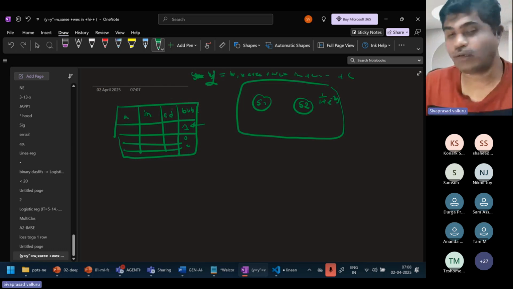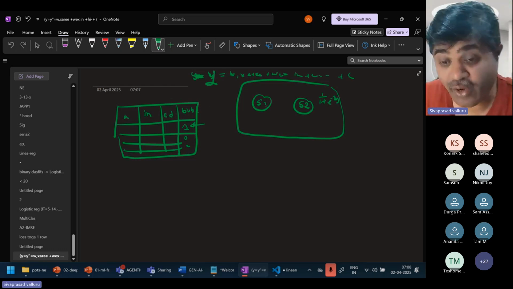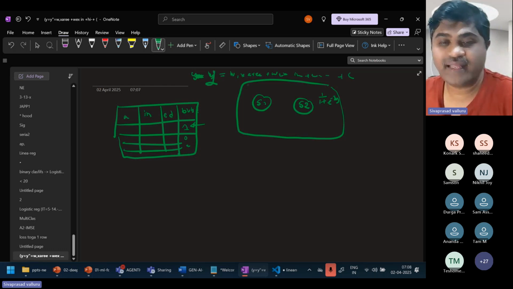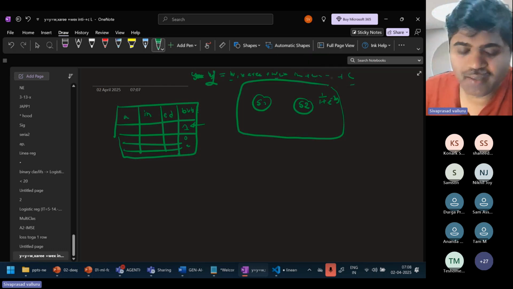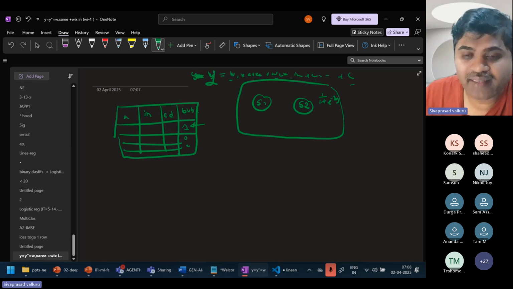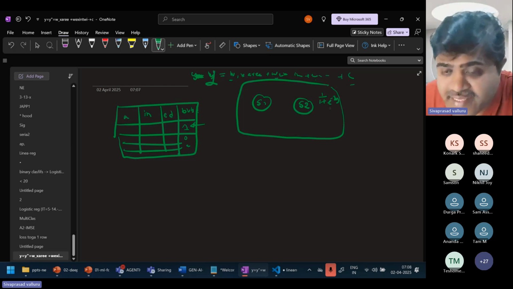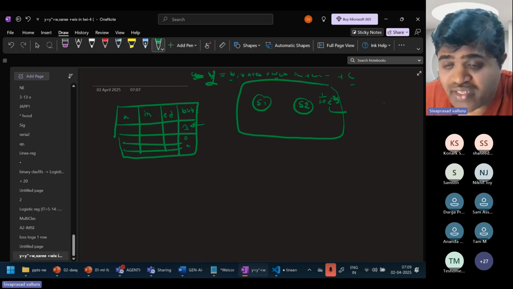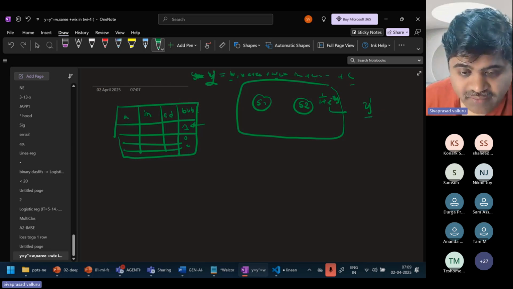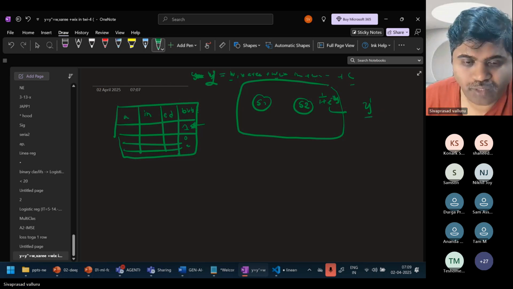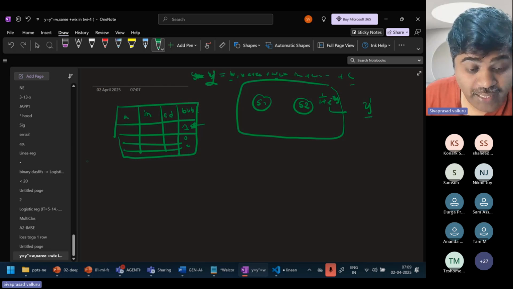Okay, so let us see. This is the algorithm, and we have to finalize the values of weight 1, weight 2, weight 3, and C. This e is a constant. The output of this we'll call y dash, the final predicted value, and this is y. Let's assume that I have 10 rows of data, for example.